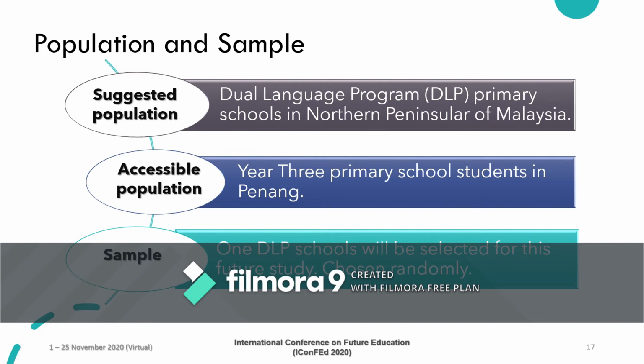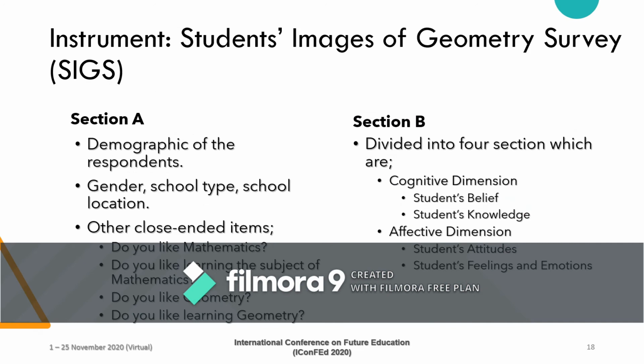While future sample is one DLP school that will be selected for this future study. The instrument that will be used for this study is SIGS or Students' Images of Geometry Survey. It can be divided into two sections, which are Section A and Section B.